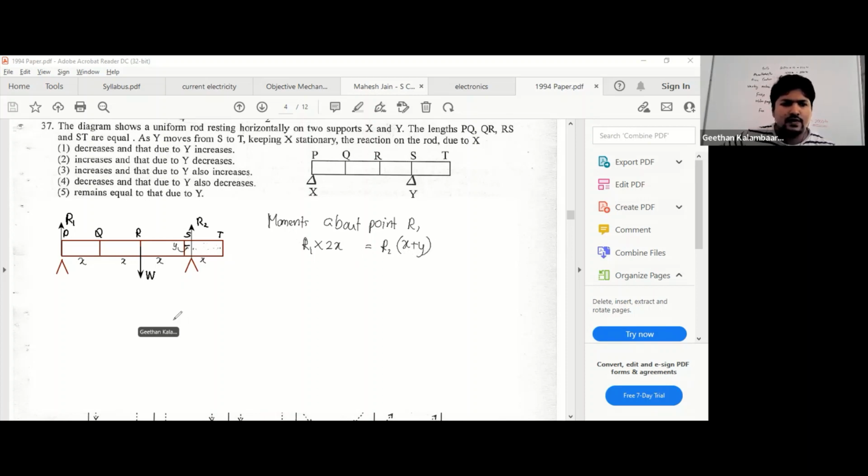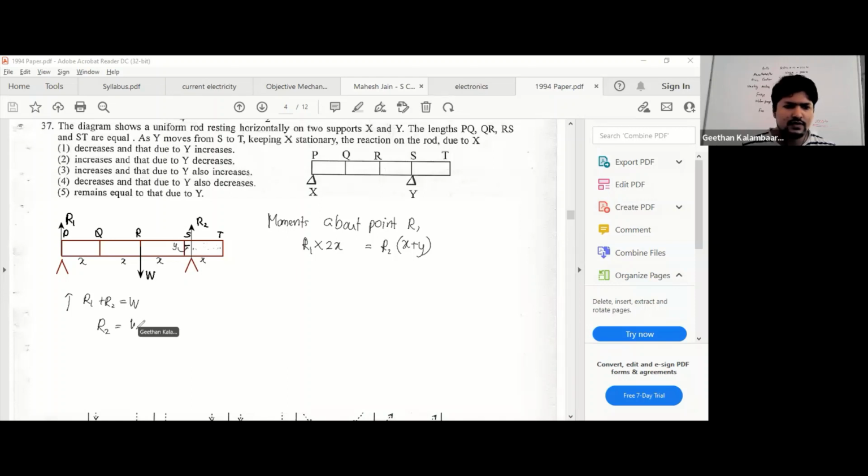Okay, there's another equation you can always say, considering equilibrium. R1 plus R2 is equal to W. So they're asking us about the reaction on the rod due to X. So they're asking about R1. So let's get R2 here.